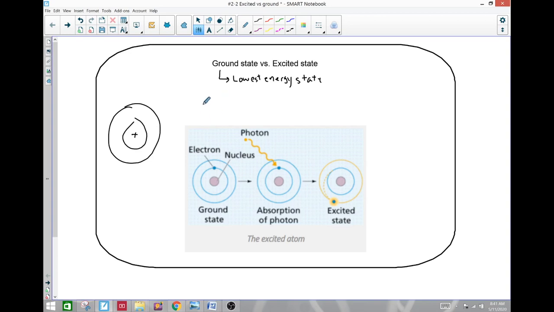So, for example, if I were to do, let's say, carbon, okay, well let's do oxygen. Oxygen would be 1s2, 2s2, 2p4. That's electron configuration. Or if we did a Bohr diagram, it'd be 1, 2, 3, 4, 5, 6.